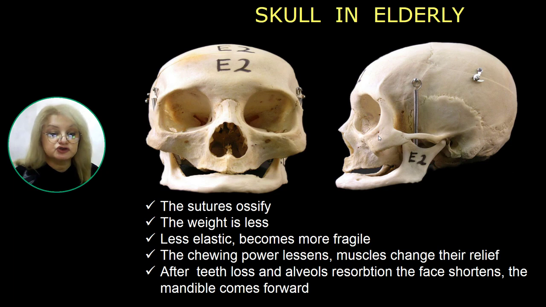Some structures change as well. Alveolar processes disappear, and the teeth are lost by the elderly. The bones become more fragile because of loss of calcium in aging. The mandible shortens and becomes more protruding.